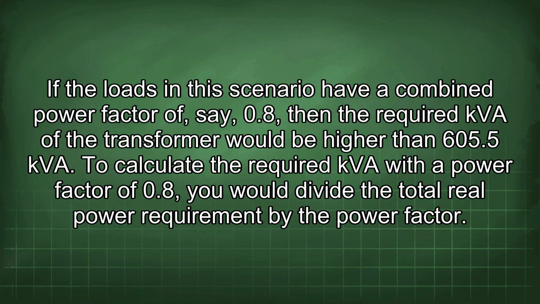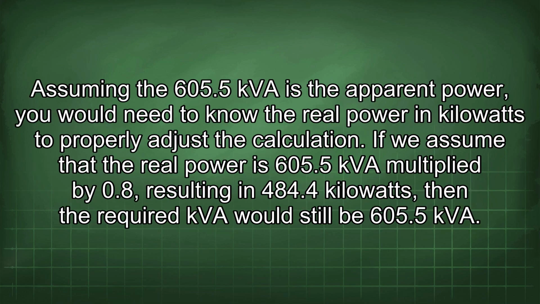To calculate the required kVA with a power factor of 0.8, you would divide the total real power requirement by the power factor. Assuming the 605.5 kVA is the apparent power, you would need to know the real power in kilowatts to properly adjust the calculation. If we assume that the real power is 605.5 kVA multiplied by 0.8, resulting in 484.4 kilowatts, then the required kVA would still be 605.5 kVA.